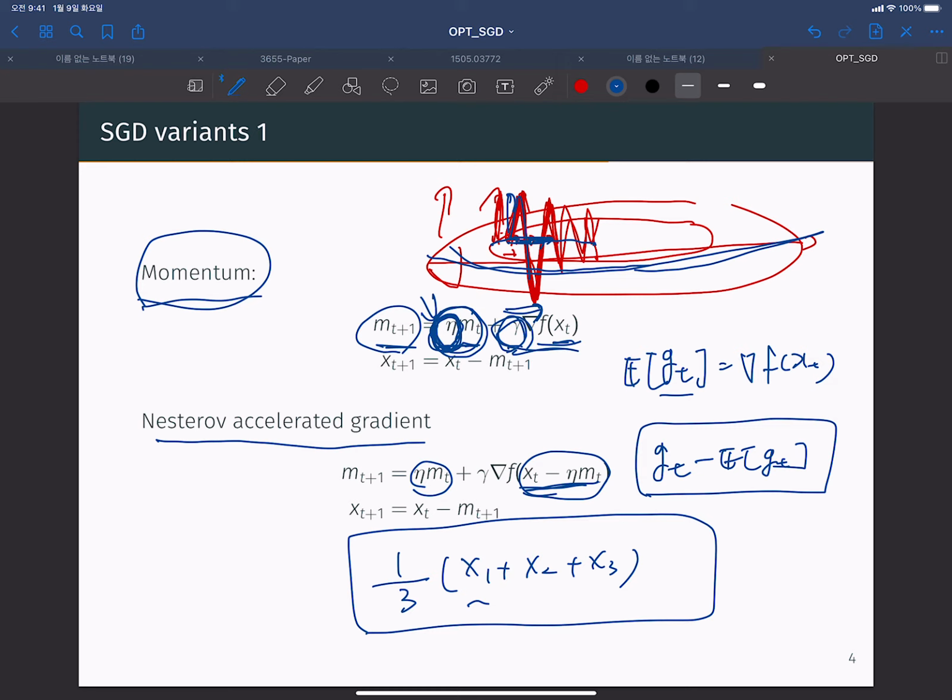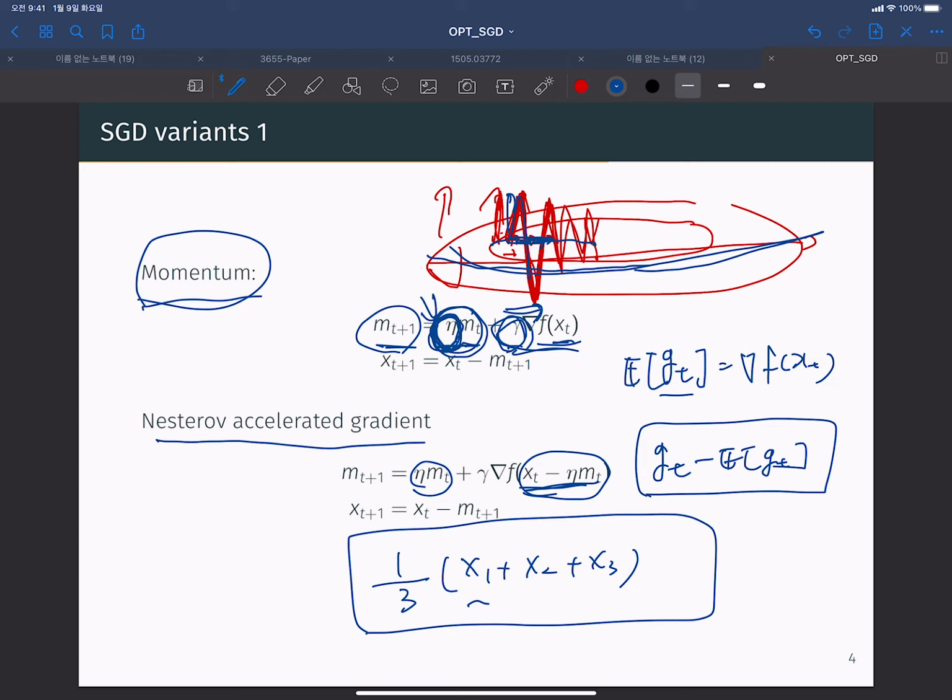At that time, we usually use stochastic gradient descent with mini-batches. So the stochastic noise can be cancelled out using the momentum method, which can speed up your convergence, and also because we can reduce the noise, the trajectory converges more accurately to the local optimum, so you can expect better performance.